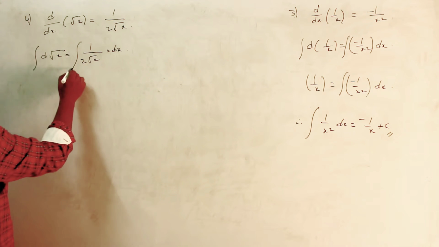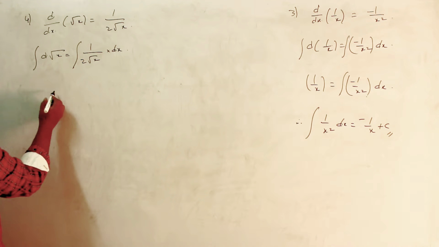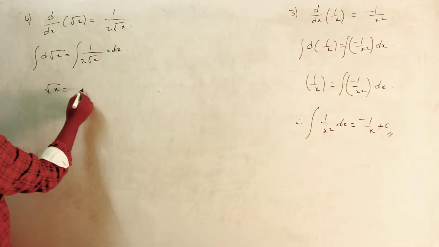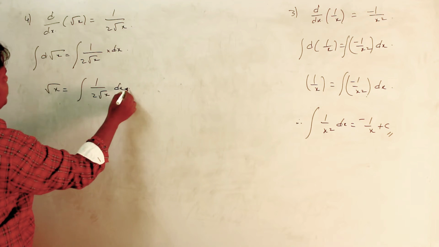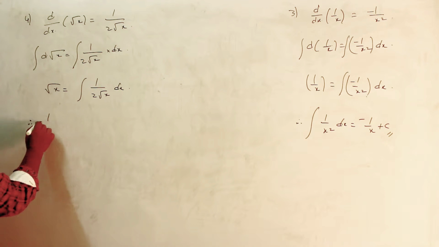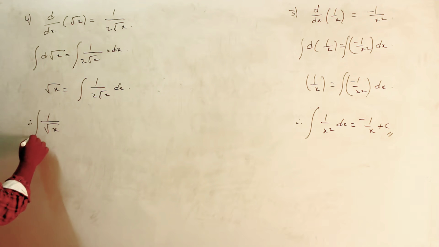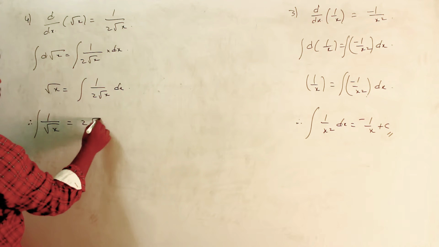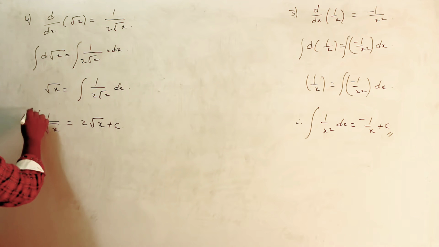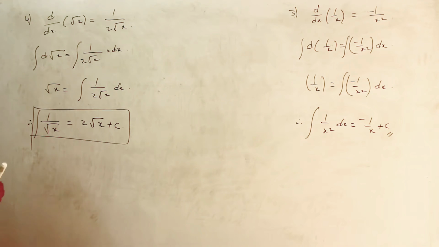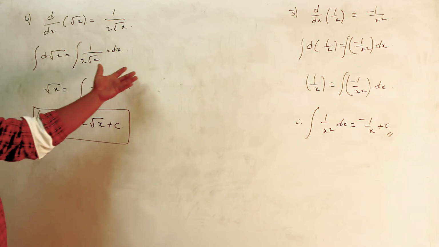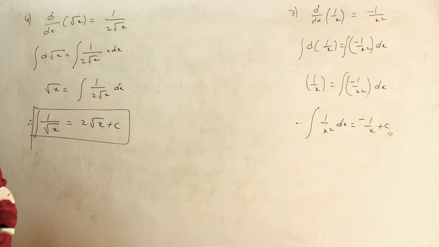Apply integration on both sides. Then root x is equal to integration of 1 by 2 root x into dx. Therefore, we can write integration of 1 by root x is equal to 2 root x plus c. So this is one more formula which we can write. When we observe here, all these formulae of integration are basically derived from the formulae of differentiation itself. That is what I am trying to explain in this lecture.